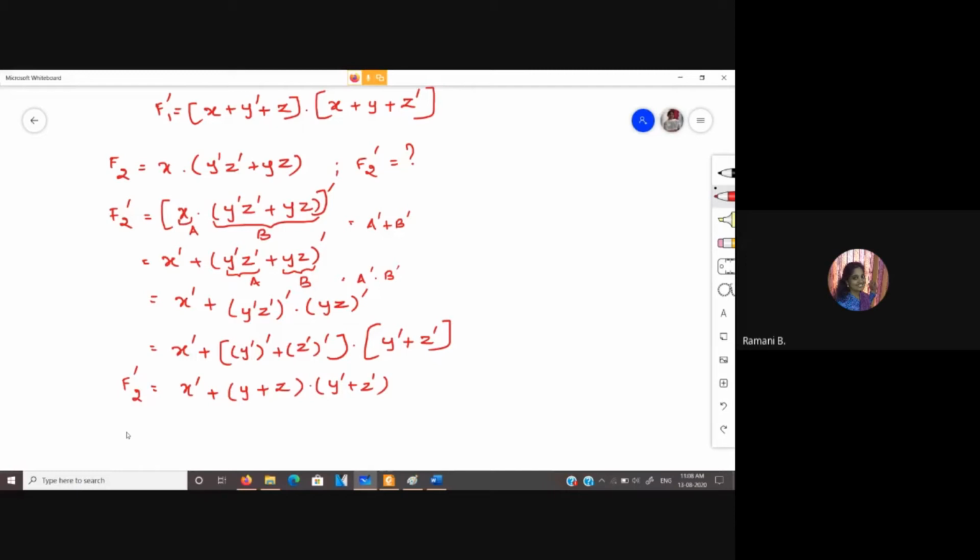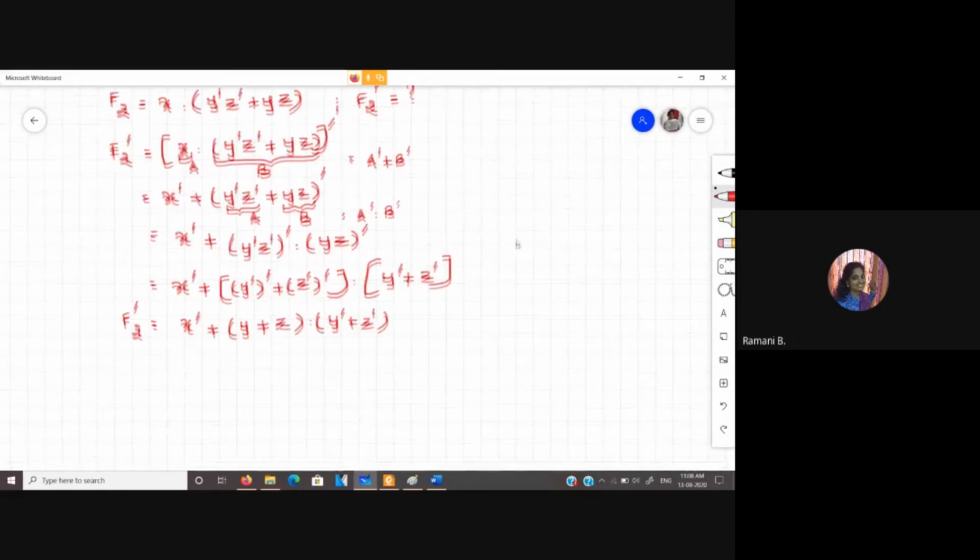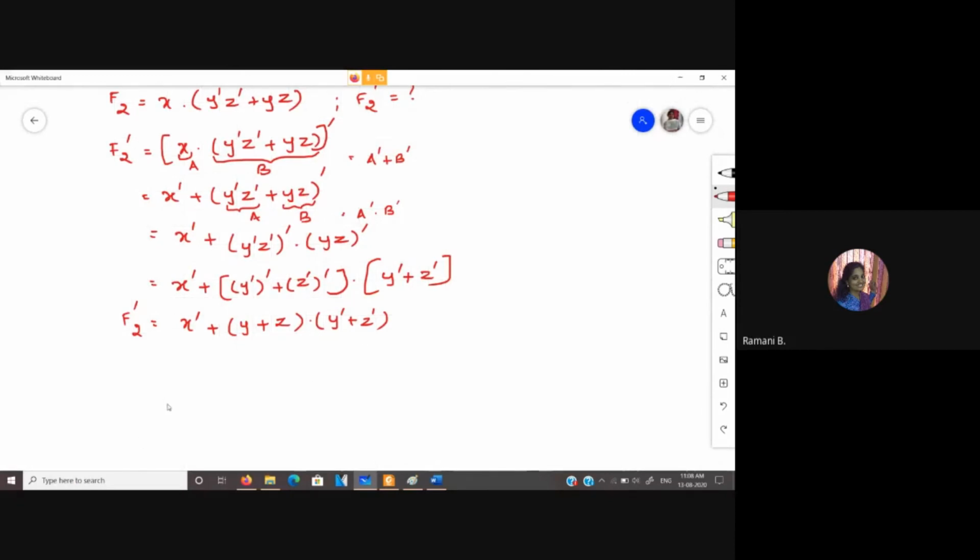Again, if this is asked for 3 marks or something, you need to write the steps in between. We have a shortcut to remember this. To find the complement of any function, the shortcut is first find the dual of the function.